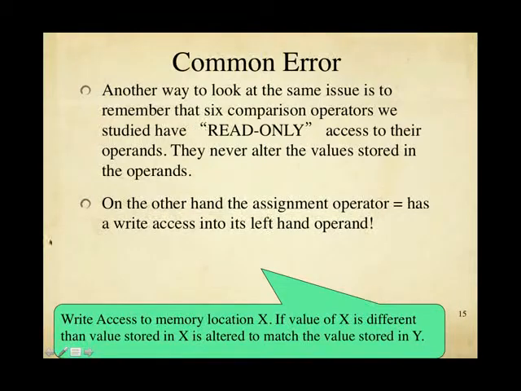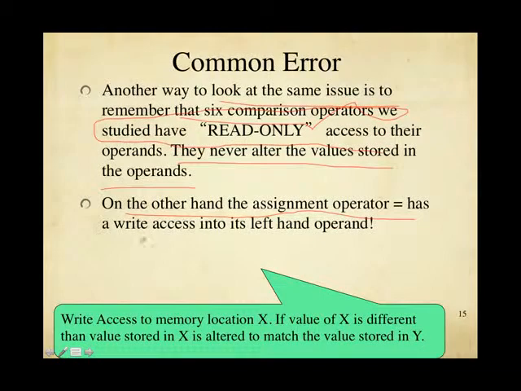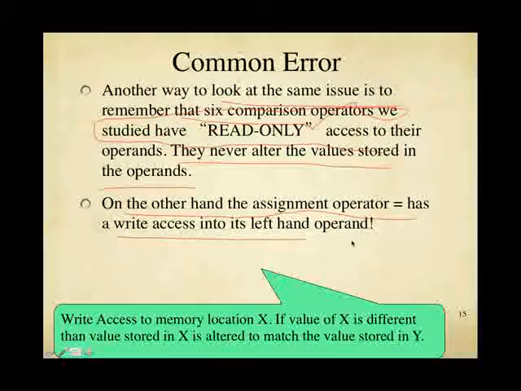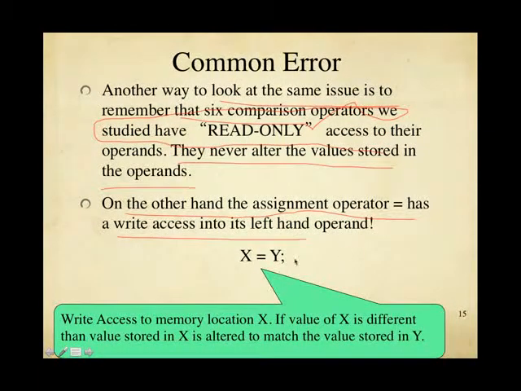And this is what we say here, that another way to look at the same issue is, remember that the comparison operators we studied have read-only access to their operands. They never alter the value stored in the operands. On the other hand, the assignment operator equal has write access into its left-hand operand. So if we do x equals y, we do have write access to memory location x.